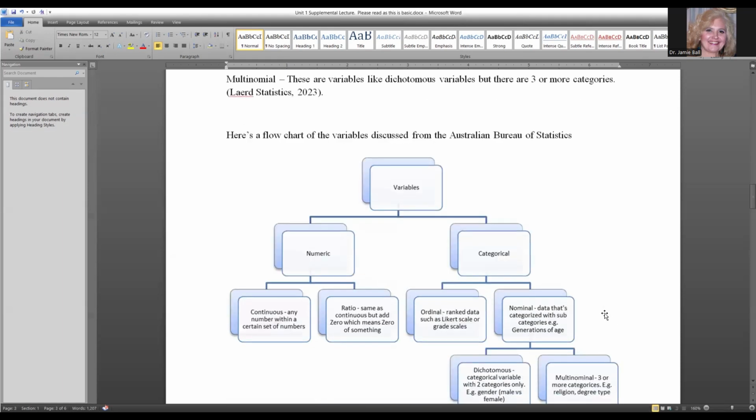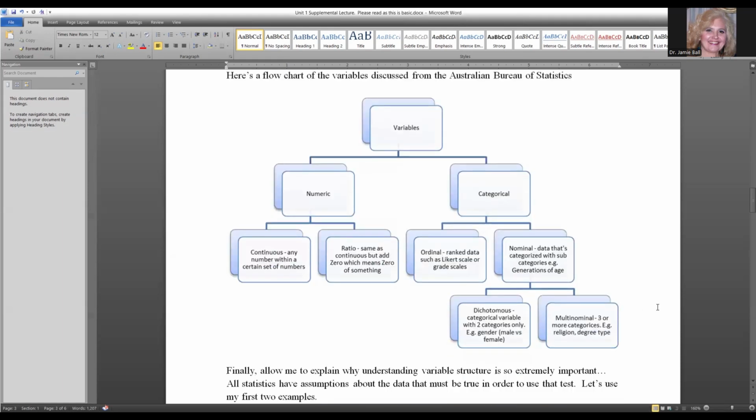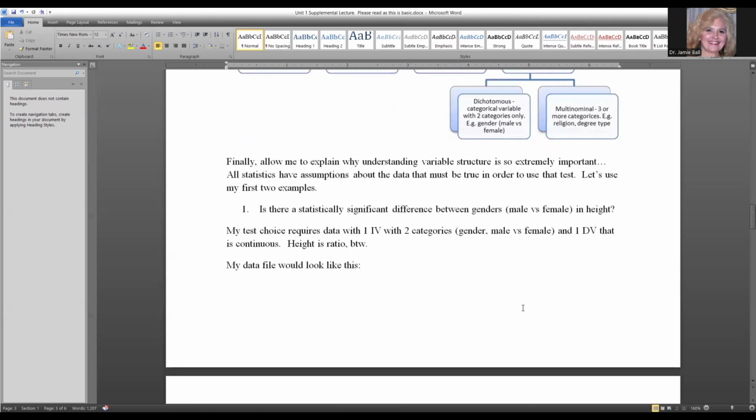And here's a flow chart of the variables from the Australian Bureau of Statistics, right? We've got numeric and categorical. And remember, the categories for ordinal, that rank matters. The order it comes in matters. And here we go. Now, I'd like to explain to you why variable structure is so extremely important.